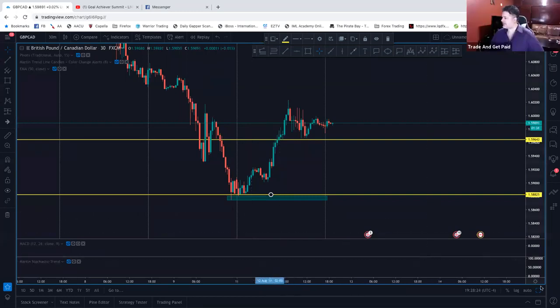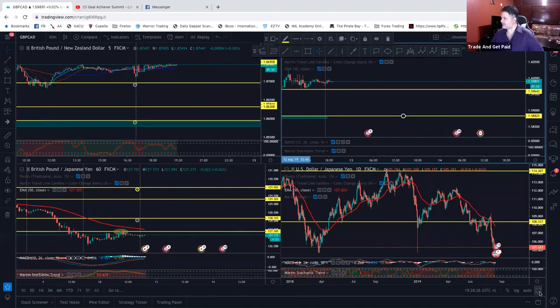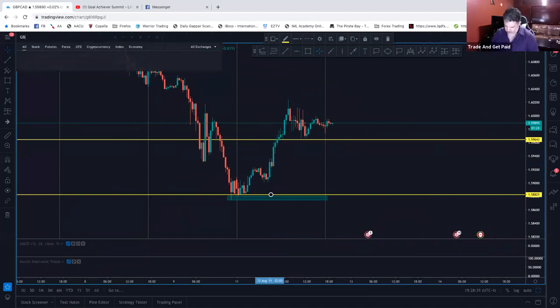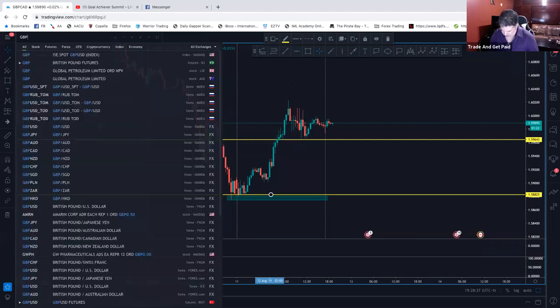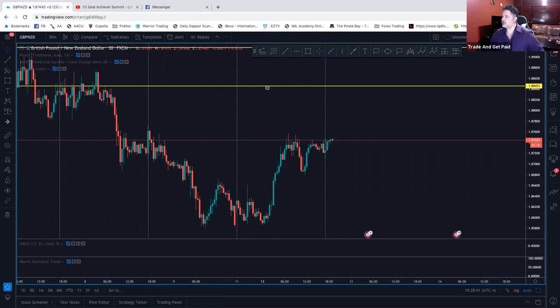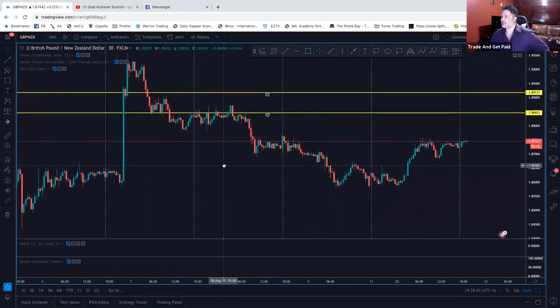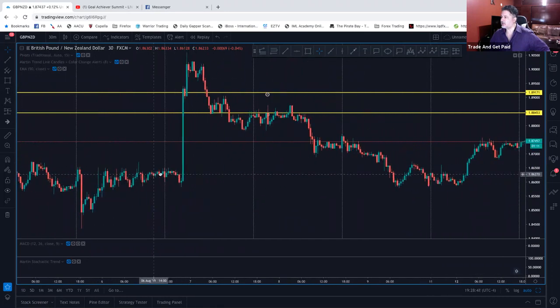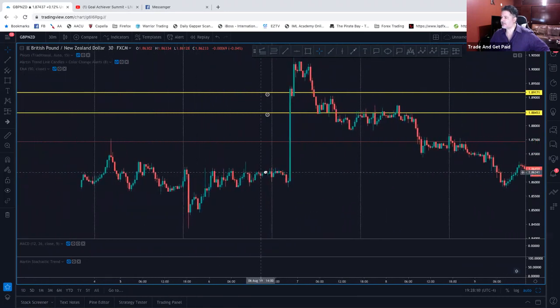I don't know if I have it. Let me see. I'm going to mess up my chart. I can pull up GN right here. GBPNZD. Let me see if I have it from last night. It doesn't look like I have it.